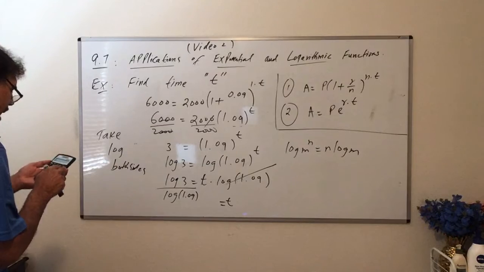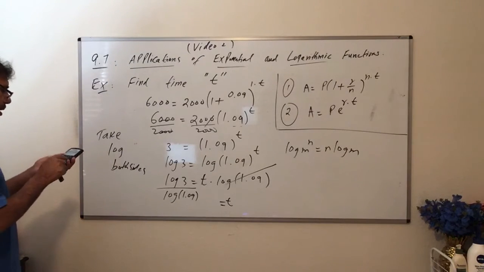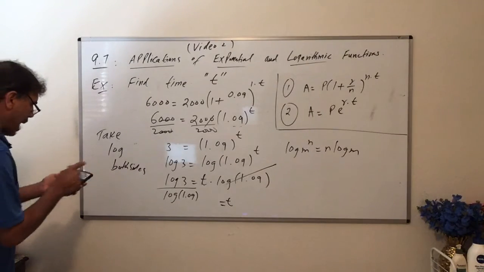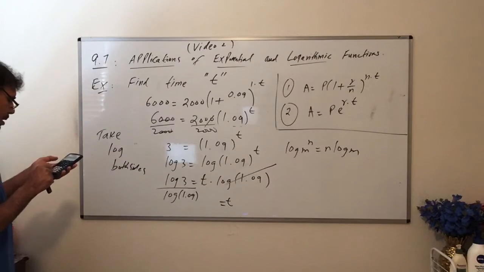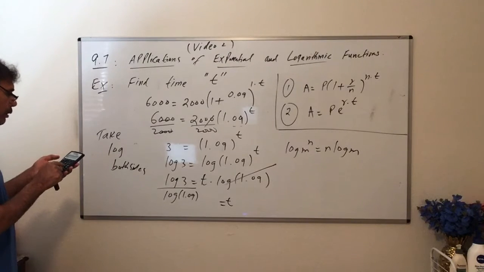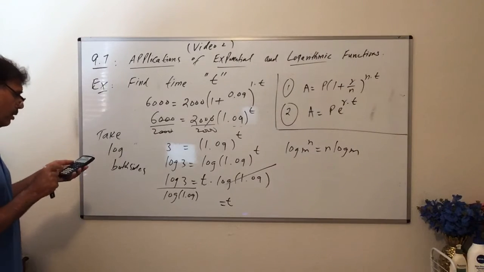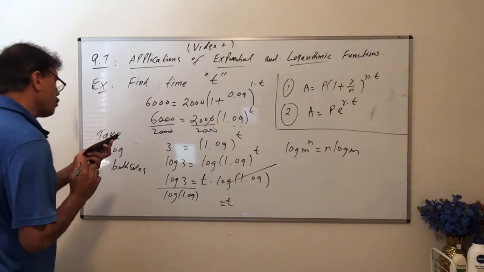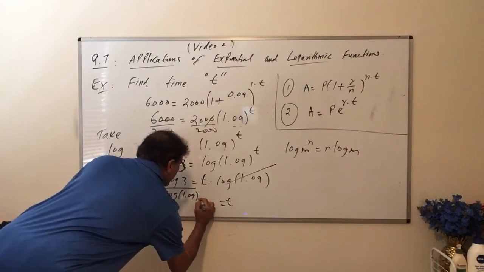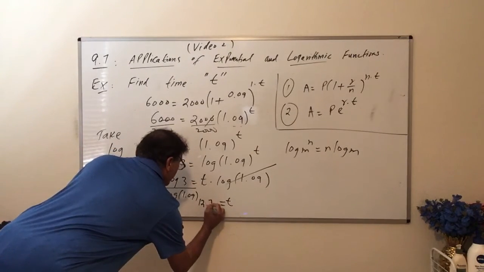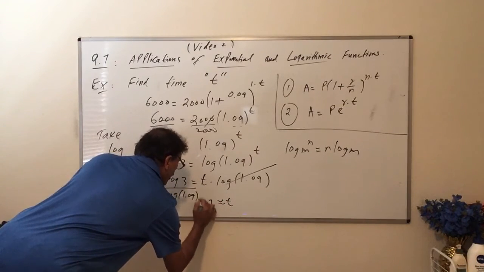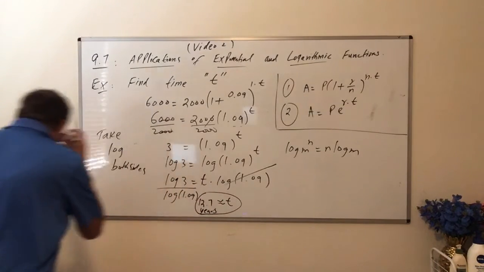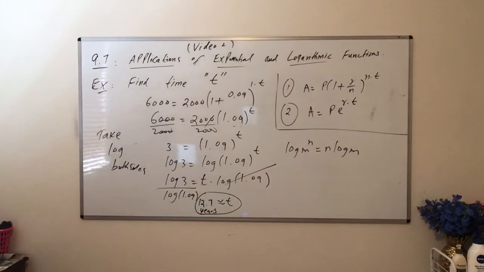Make sure you use the parentheses, be careful. Type in log 3, parentheses, divided by log 1.09, close the parentheses, and hit equal. This is about 12.7 years. This is an approximation. Okay, so that's how you find the t using logarithms.